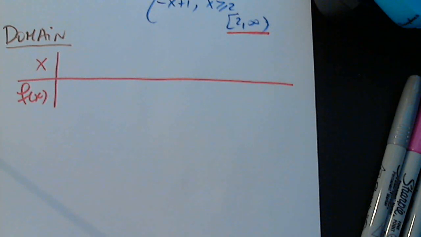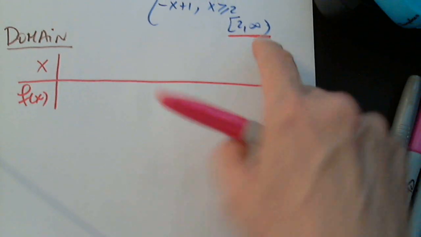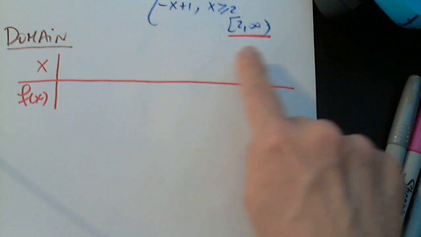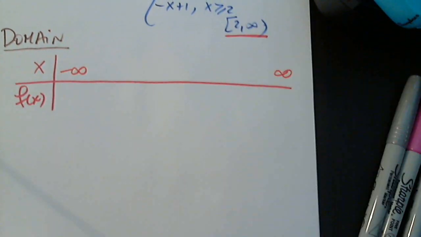The domain is all possible x values. Negative infinity to infinity, exactly. Negative infinity to infinity is indeed the domain.